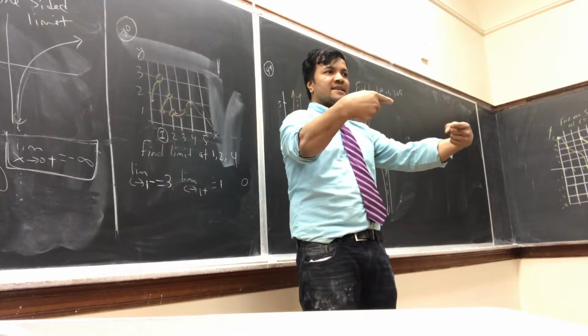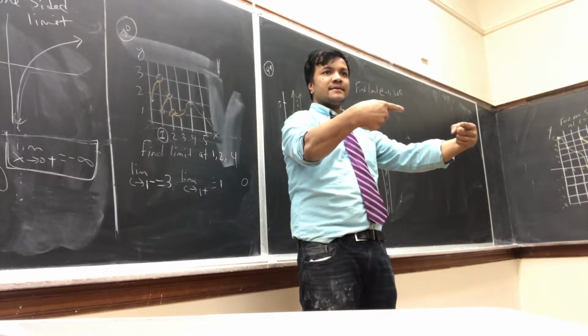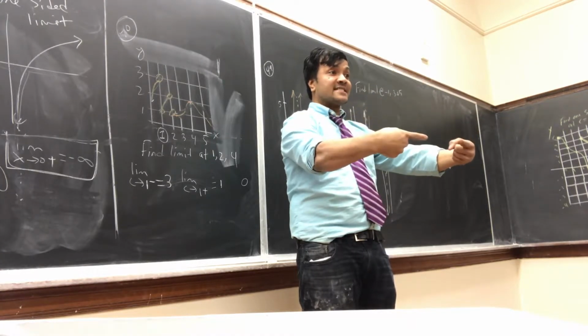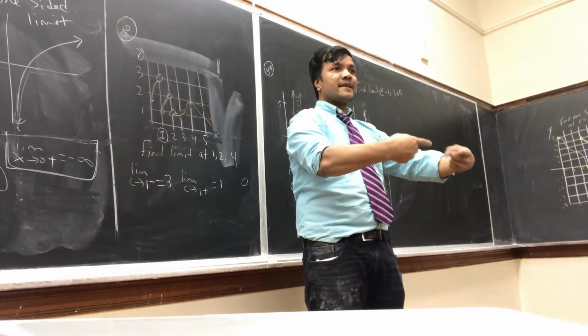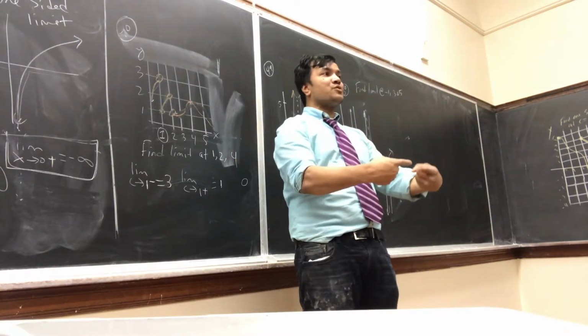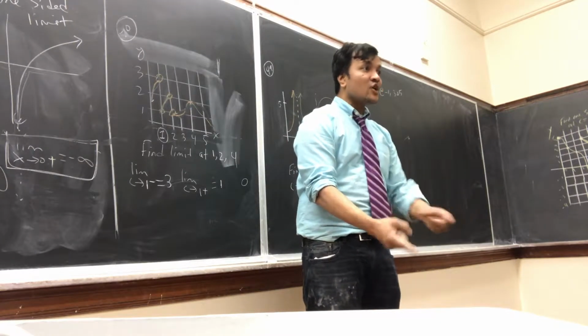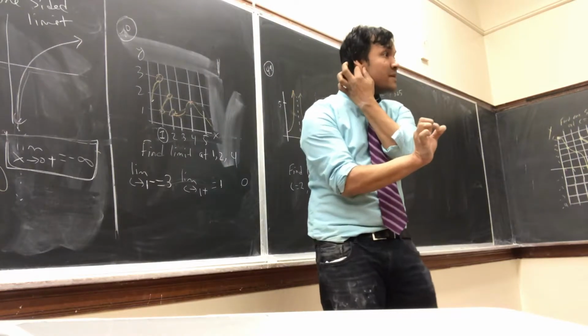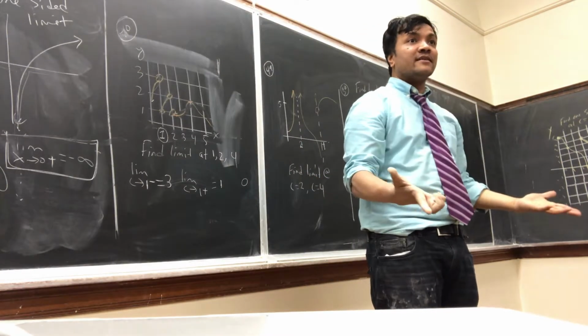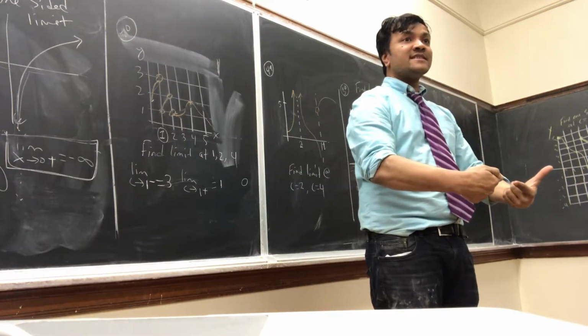From the left and from the right, it approaches what number? 19.6. We don't exactly care what the number is, but it is approaching 19.6. It's probably 19.6 something. We don't care, but it is approaching 19.6.